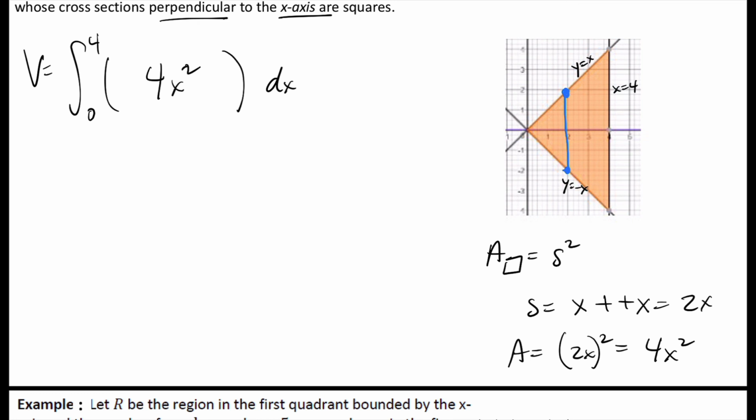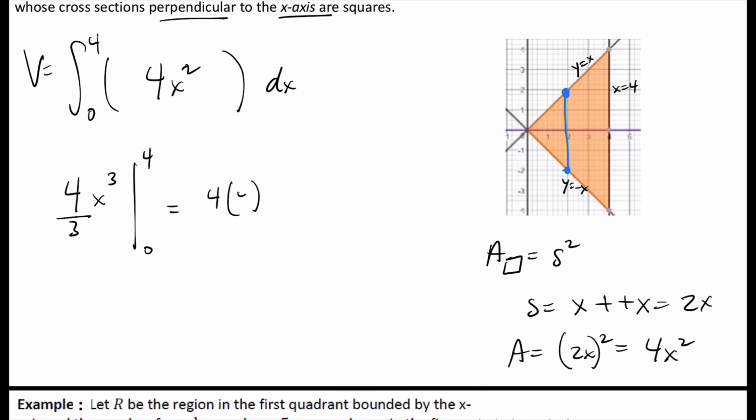Done. The rest of it, if this question had been on your last test, you guys would have said this is easy. This one is really easy. That's the nice thing about these. The hard part is getting here. Once you get there, the rest is really easy because you guys have done much harder stuff a million times. So it would be 4x cubed divided by 3. And then we have to plug in 0, plug in 4, subtract them.